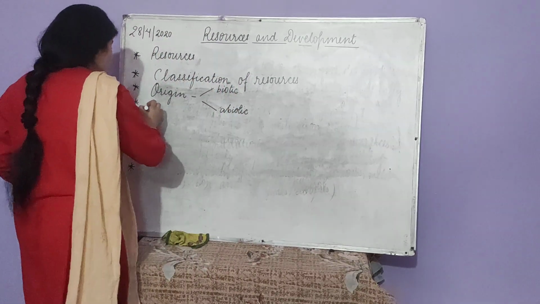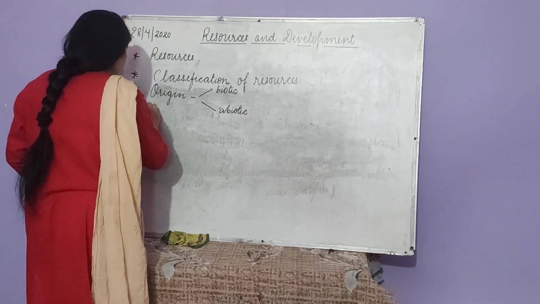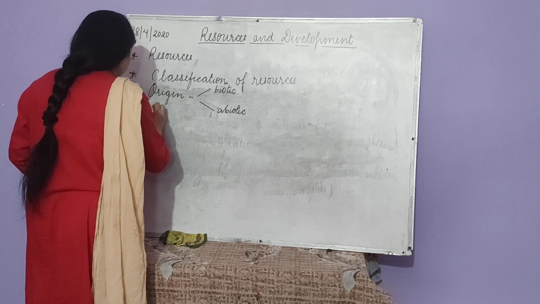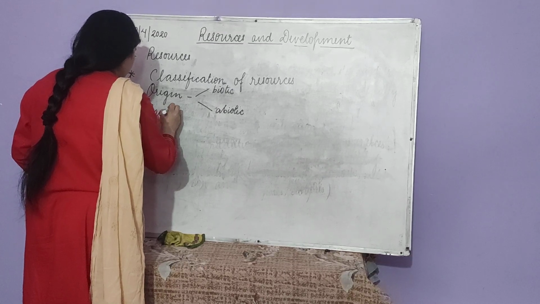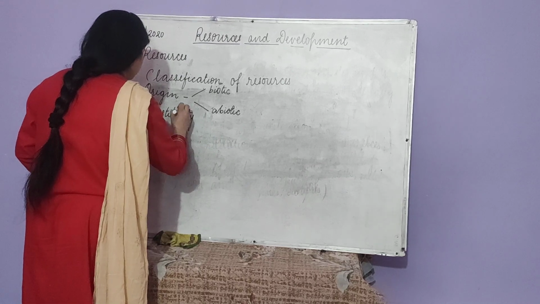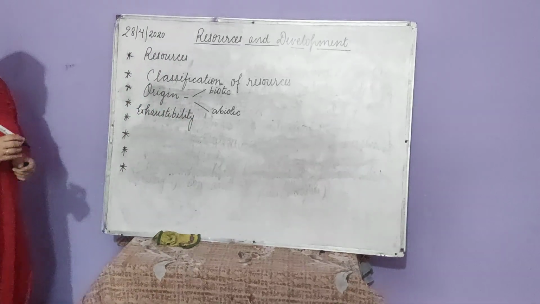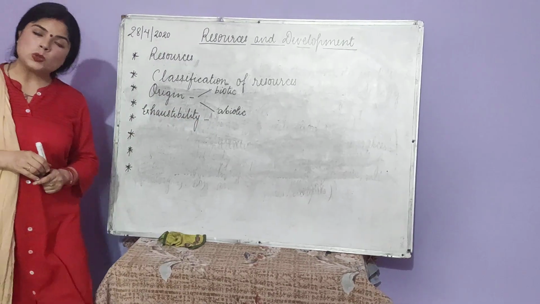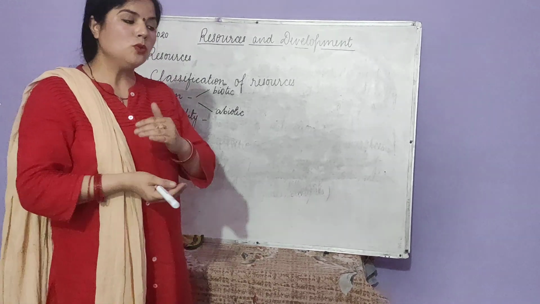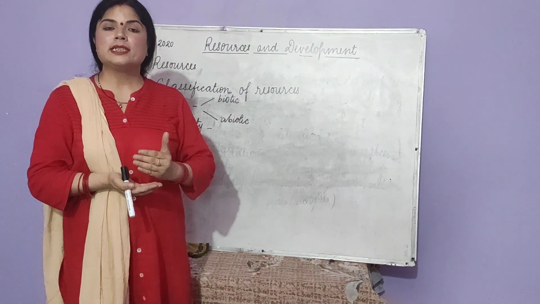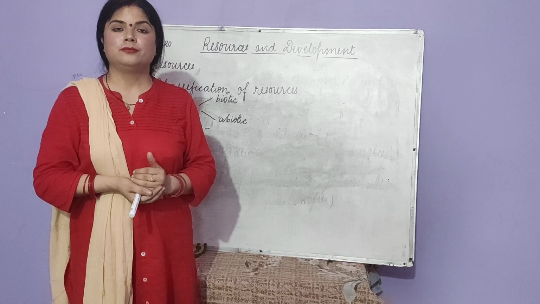Now second comes on the basis of exhaustibility. Means if we use these resources, what impact can there be on the quantity of these resources.